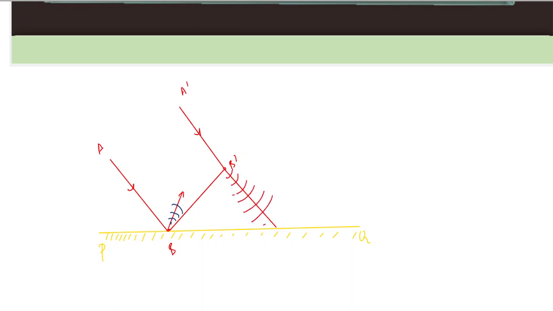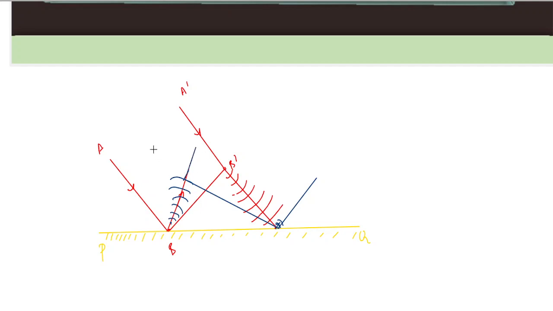By the time it comes to this point, point B has gone to some point here. So it is producing secondary wavelets, and even this would reflect and form secondary wavelets. So a common tangent is drawn from here to here. This would indicate the reflected wavefront.